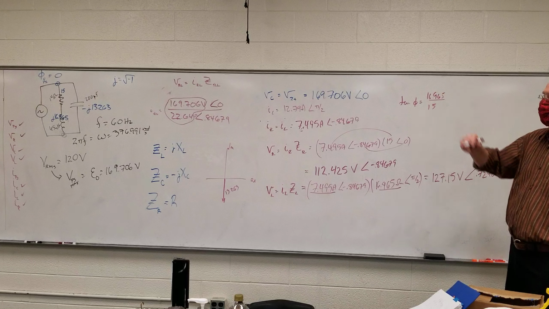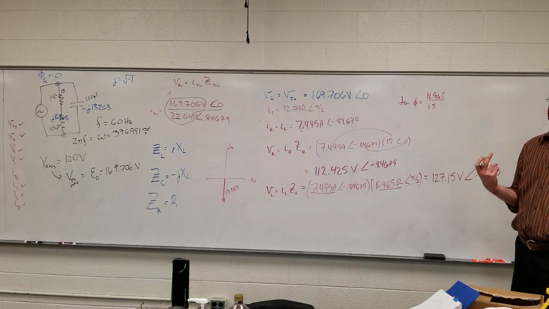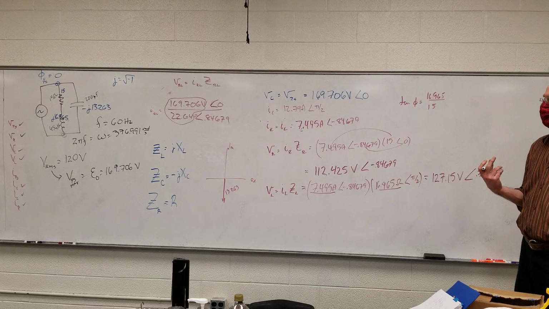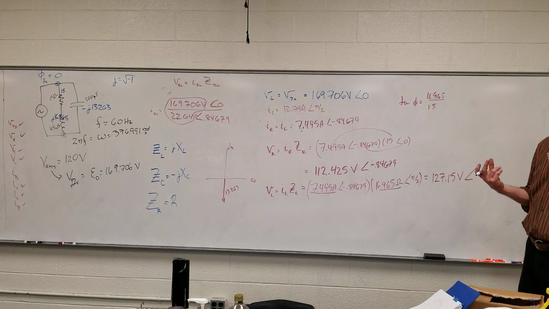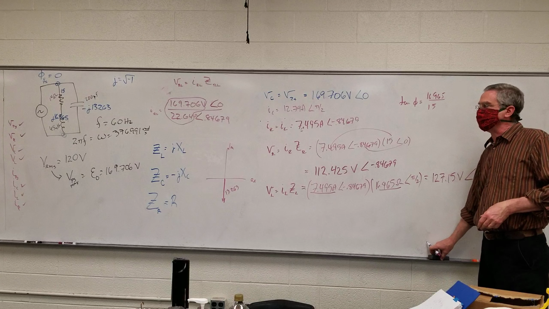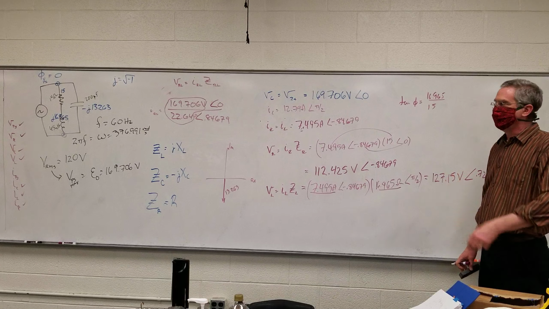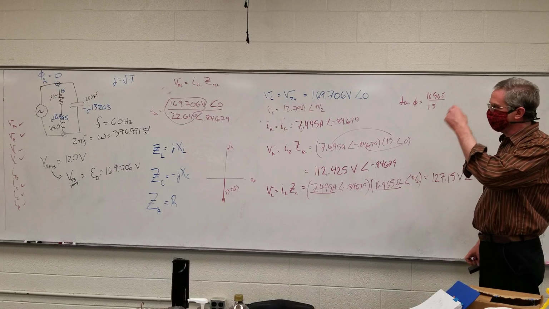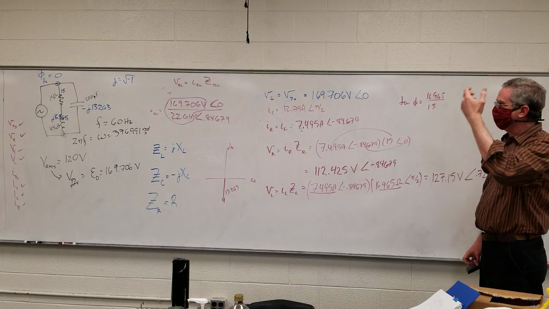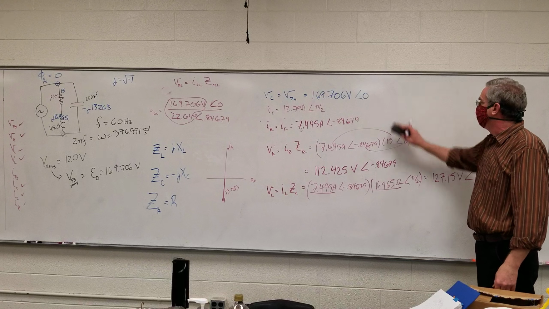The current from the power supply, I know it's got to be the sum of the other two currents. Since they're in polar form, adding is not necessarily the easiest thing. We'll have to get it in rectangular form. It's not complicated, but it's the most complicated piece we're doing here, math-wise.